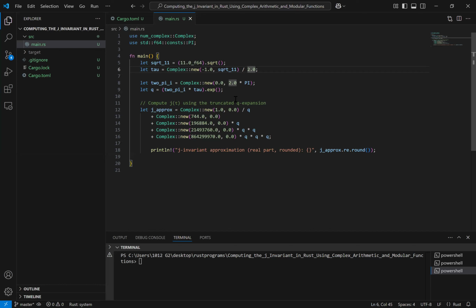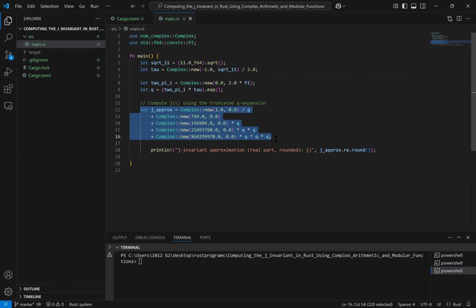The formula for doing the J, our D, it was -b, which is -1, and then the square root of 11 over 2. That is our formula. Now, I added something here, which we call the Q expansion.